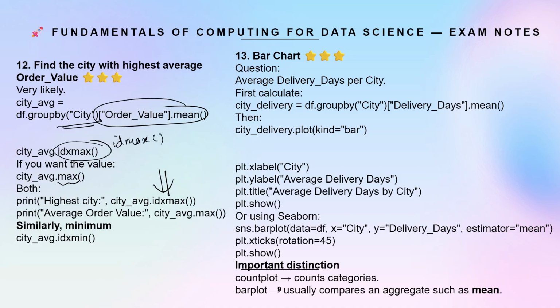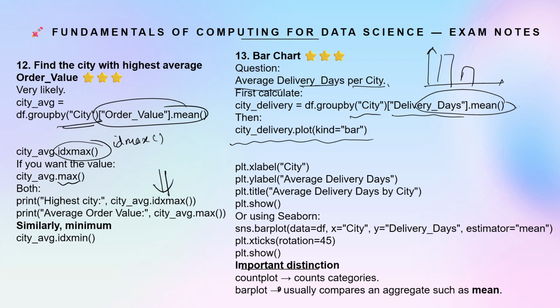A bar chart is a chart that shows the variation based on, let's say, average delivery days per city. So first you use groupby for cities and delivery days .mean. Then .plot with kind is equal to bar.